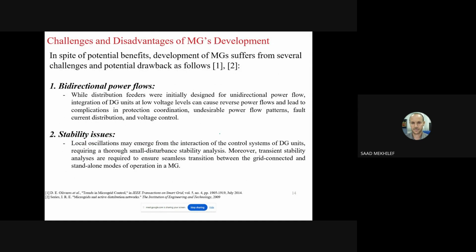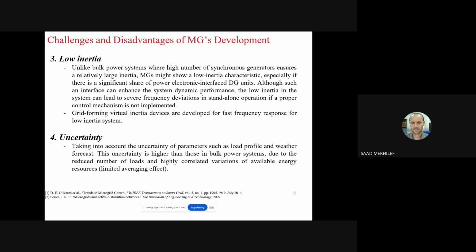In spite of the potential benefits, development suffers from several challenges. One of them is bidirectional power flow, which has to be very tightly controlled; it is not as straightforward as it seems. When you have power flowing from one side to another, there are also stability issues, because the wind or solar may be low, or the battery's state of charge may be low. Also low inertia, because there is no inertia in the microgrid.